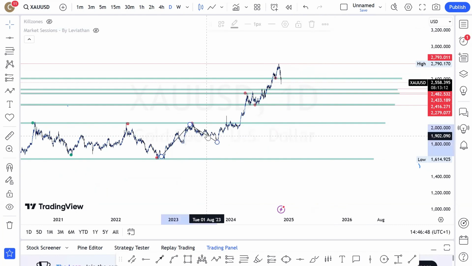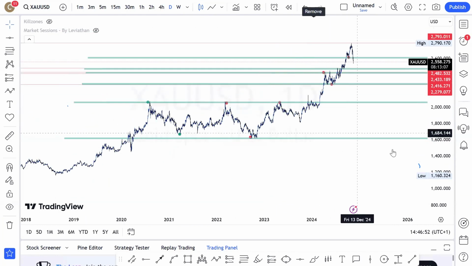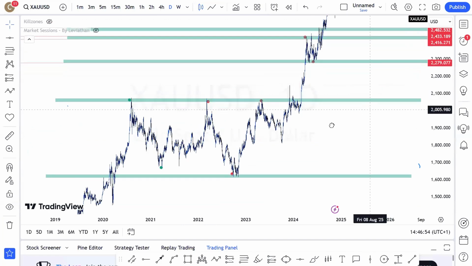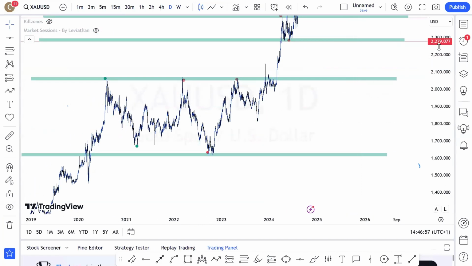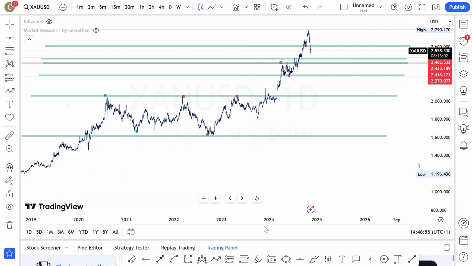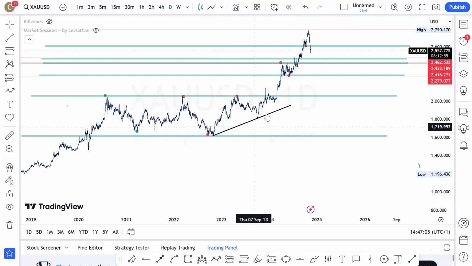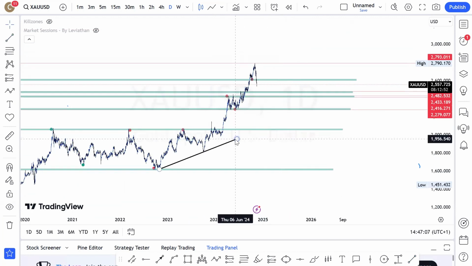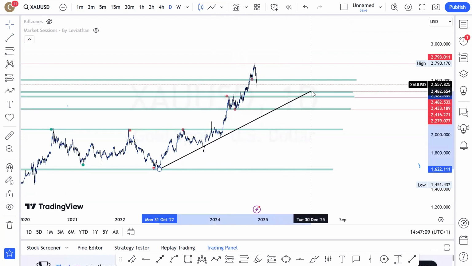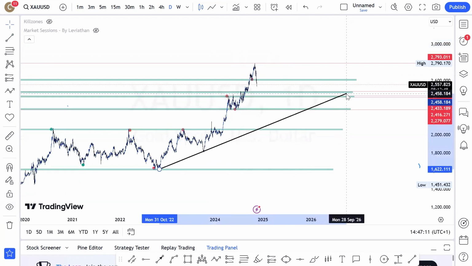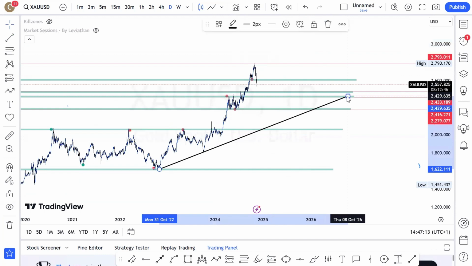So where exactly do we expect what we are seeing right now to end on gold? That's where you now start putting your trend lines. How to put a trend line is that you connect two lows. This is the first low, this is the second low, and you extend it into the future. Brilliant. Okay.